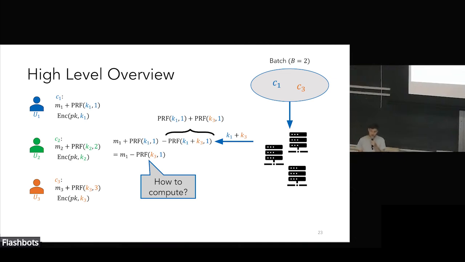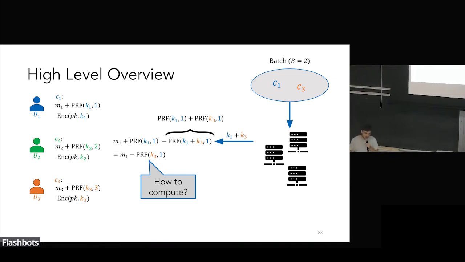Due to a nice homomorphic property of the PRF, this is exactly equal to the sum of the evaluations under the two distinct keys, the evaluation under K1 and under K3. Now the evaluation under K1 cancels out, and we are left with the message masked with the PRF evaluation under K3 at index 1. We didn't send K3, and we wanted to avoid this.